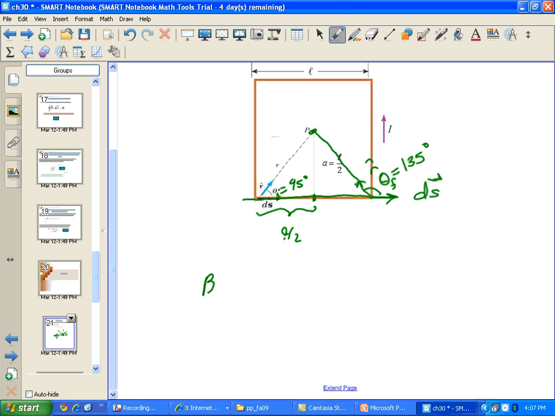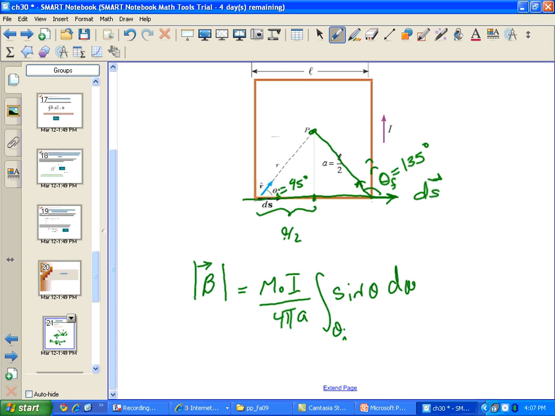And if we recall, the expression for the magnitude of the magnetic field is mu naught I over 4 pi a, and then we have the integral of sine theta d theta, where our endpoints are theta initial and theta final.